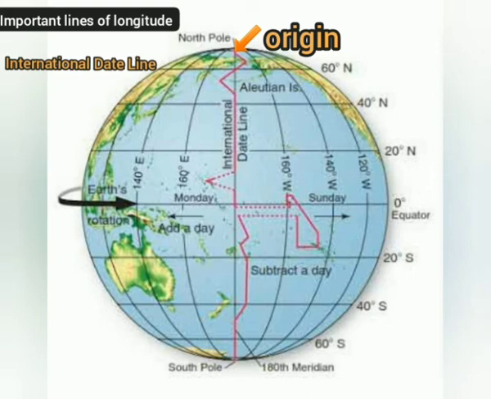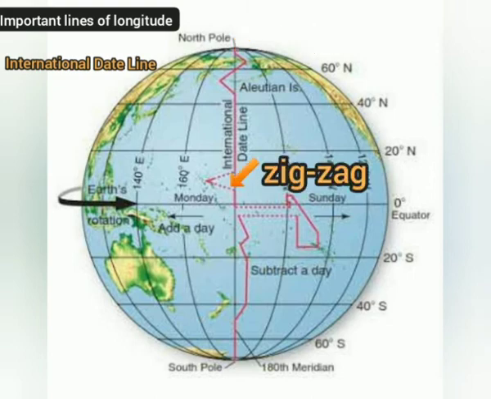The international dateline is not a straight line. It is a zigzag over the sea to avoid cutting across countries. So it is very important for the international date line not to pass over land.